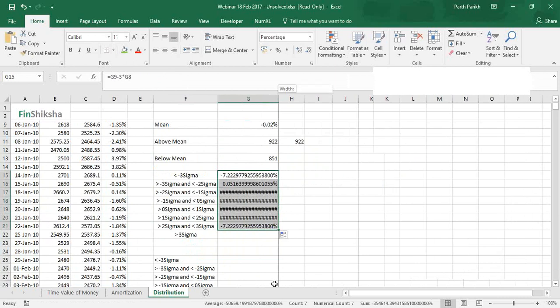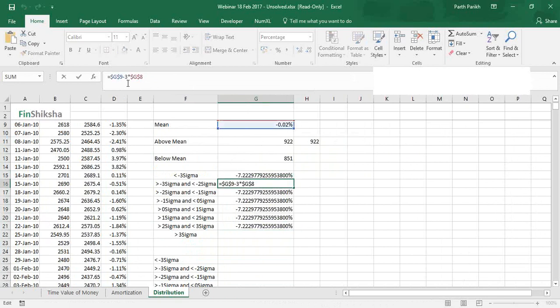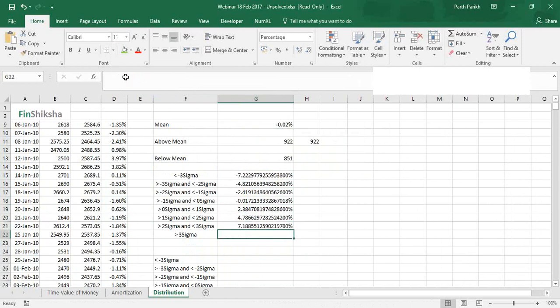I will simply drag this. I will make this constant before I drag it. The first one was minus 3 sigma, then minus 2 sigma, then minus 1 sigma, then the center, then plus 1 sigma, plus 2 sigma, plus 3 sigma.